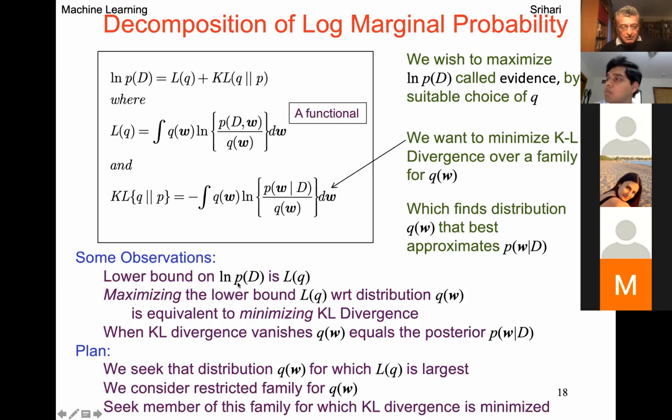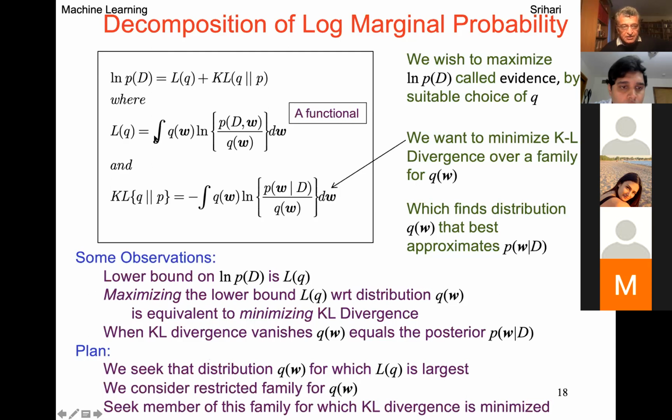Okay, so the lower bound on P(D) is L(Q). Maximizing the lower bound L(Q) with respect to distribution Q(W) is equivalent to minimizing KL divergence. When KL divergence vanishes, Q(W) is equal to P(W given D). Plan: we seek a distribution Q(W) for which L(Q) is largest.